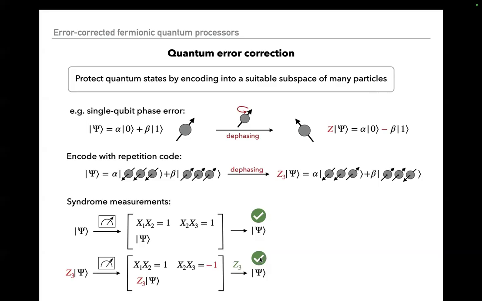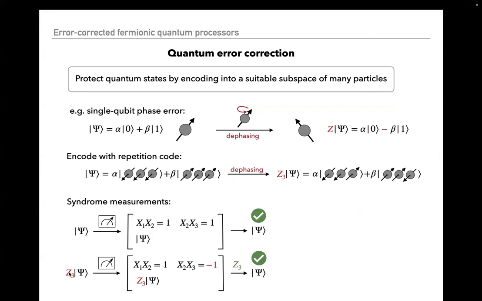But this example relied on the choice of applying a single Z operator here. If there's a single error happening, then it's enough to encode it with these 3 atoms and then correct it. But it turns out that if you apply 2 errors, so if I had applied Z3 times Z2, for instance, then I actually would have made a logical mistake in the end.